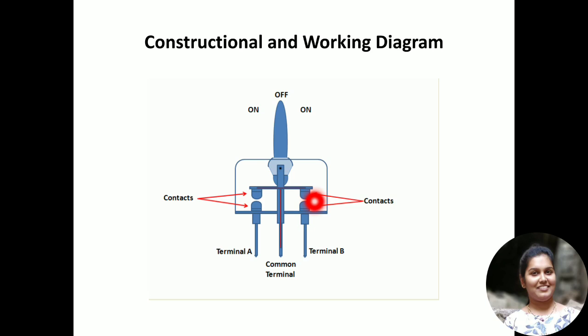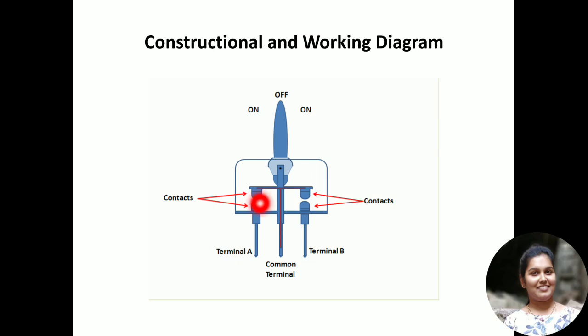On the 2 plates, we see some bubble like thing. These points are nothing but contacts. So here we have 2 contacts. When these 2 contacts touch each other, then the current will be flowing, or the circuit will be a make circuit, and that particular circuit which is connected on this side will be turning on.